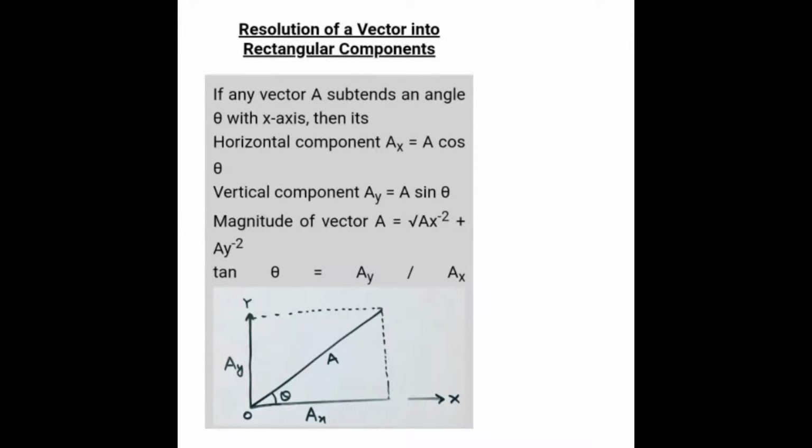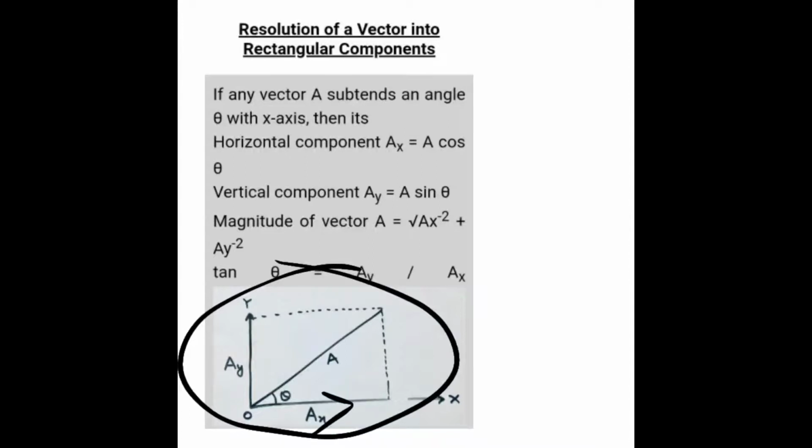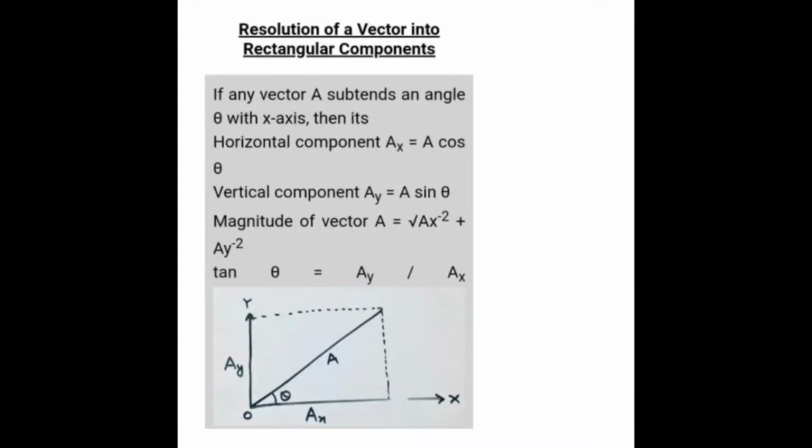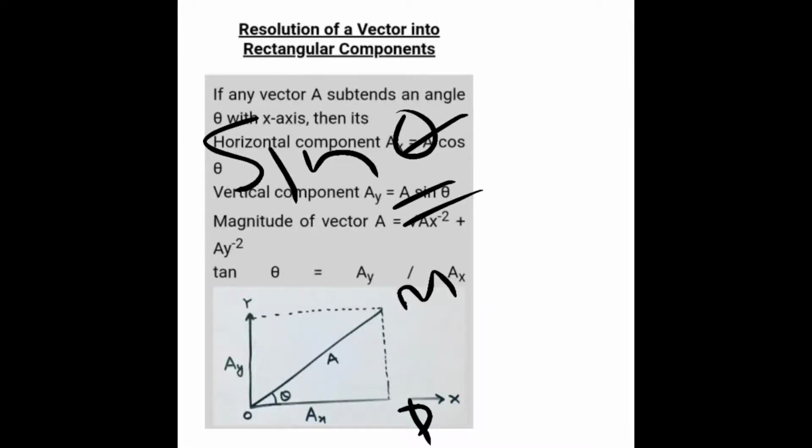Resolution of a vector into rectangular components. From the diagram it is clear, when two vectors are acting along the x-axis and y-axis. Let us consider Ax is the magnitude of the vector acting along the x-axis, Ay is the magnitude acting along the y-axis. So A is the resultant of these two vectors. If we take this triangle OMD and calculate sine theta, sine theta equals perpendicular by hypotenuse.